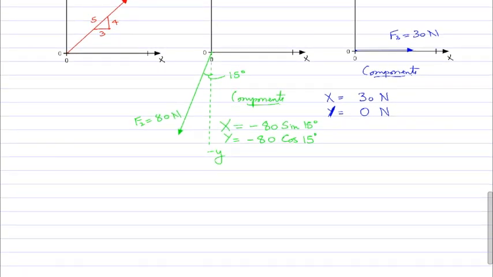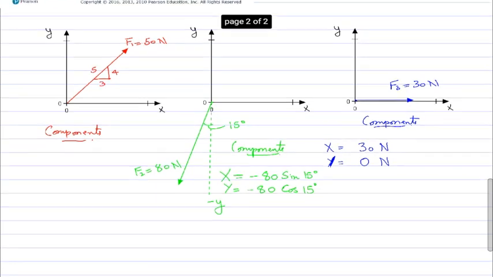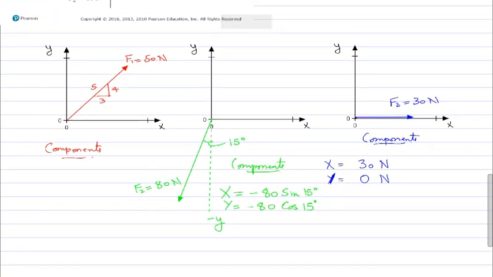And finally, moving on to red. Remember, the way that the information is given is the slope. So if the vector F1 is directed in such a way that if you move three units along the x direction and 4 units along the y direction, you get the slope of the vector.